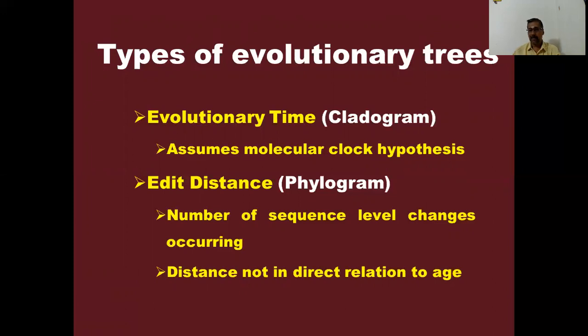It assumes the molecular clock hypothesis. Many debates have crossed the table, and most scientists have come to the conclusion that instead of predicting a cladogram, it is best to predict the next type, the phylogram, which is more sensitive.